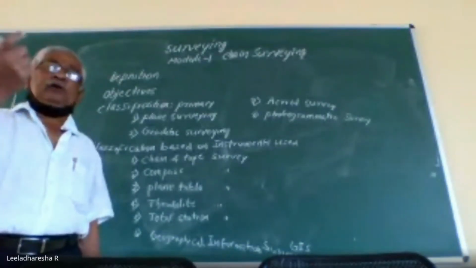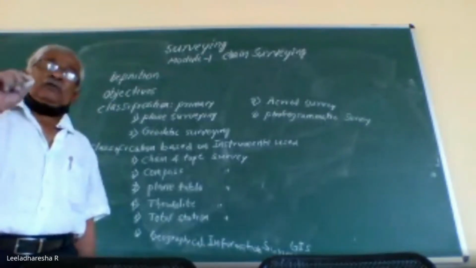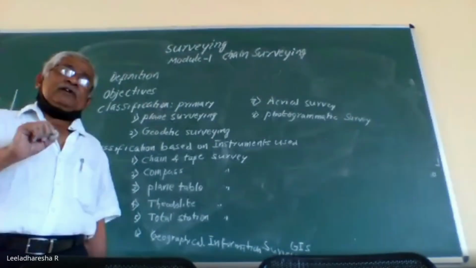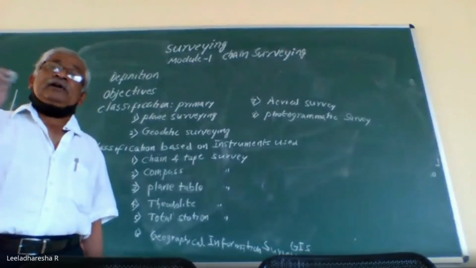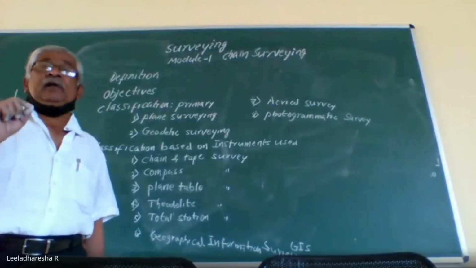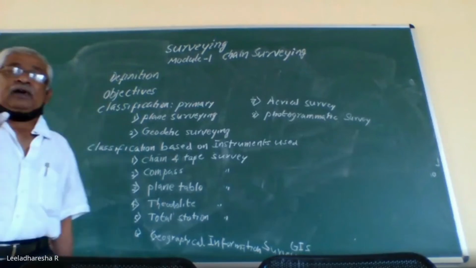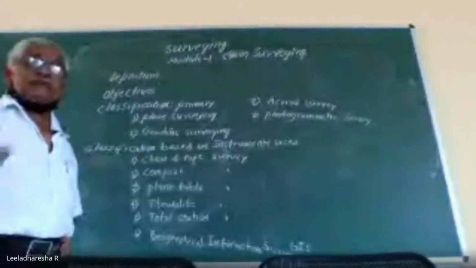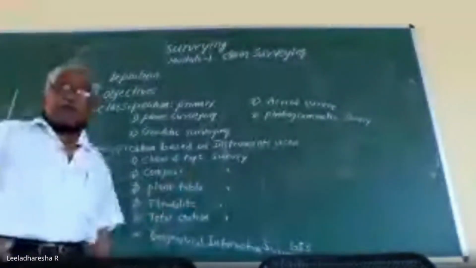Similarly, say I want to plan the entire SVIT campus. In that case, only with chain and tape, I can take records of the measurements, and later coming to the office, I can plot the entire plan of this campus. Such type of survey, carried out using only chain, tape, and accessories, is called chain and tape survey. Second type is called compass survey.